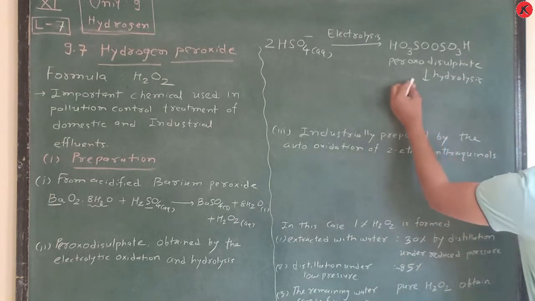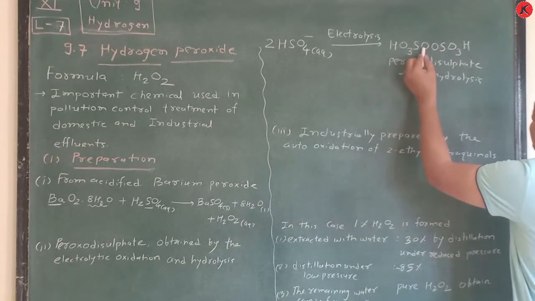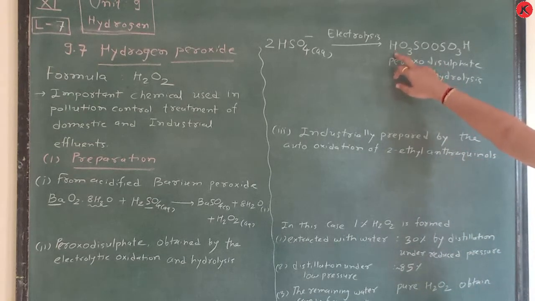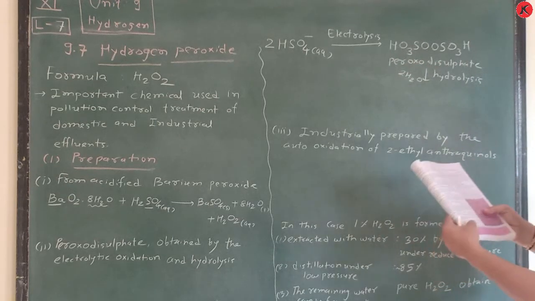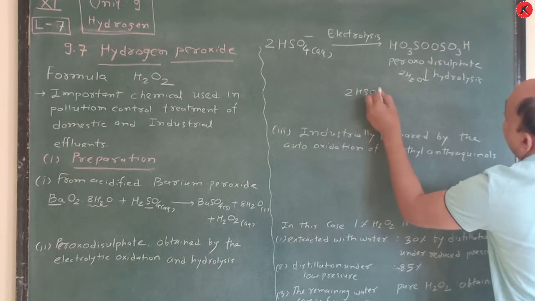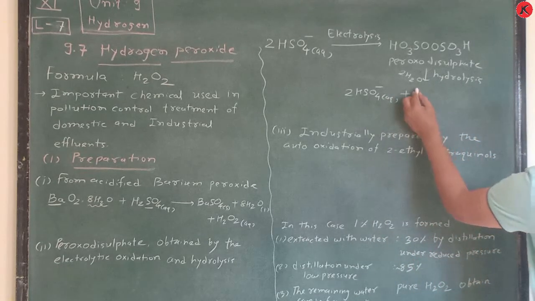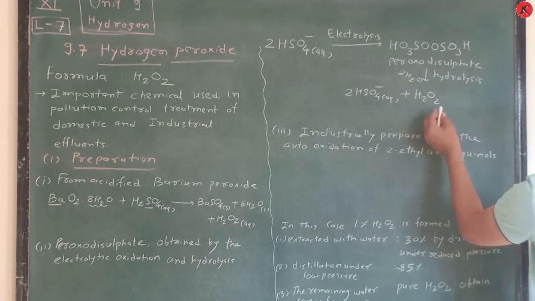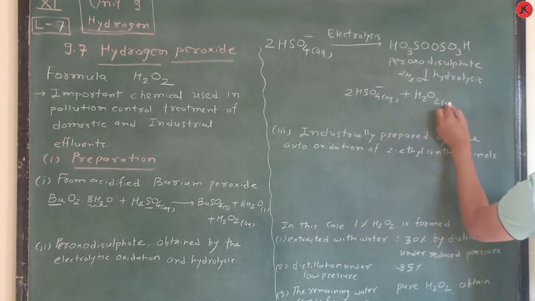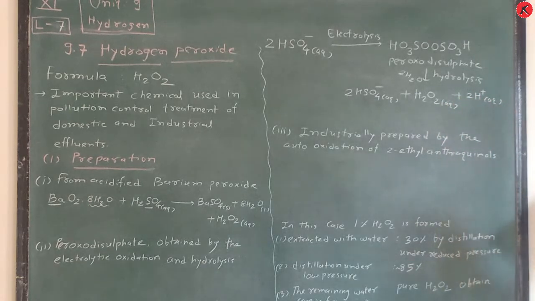You have to remember that 2 moles of H2O are required. The product obtained is twice HSO4- aqueous, plus H2O2 aqueous, plus twice H+ aqueous.